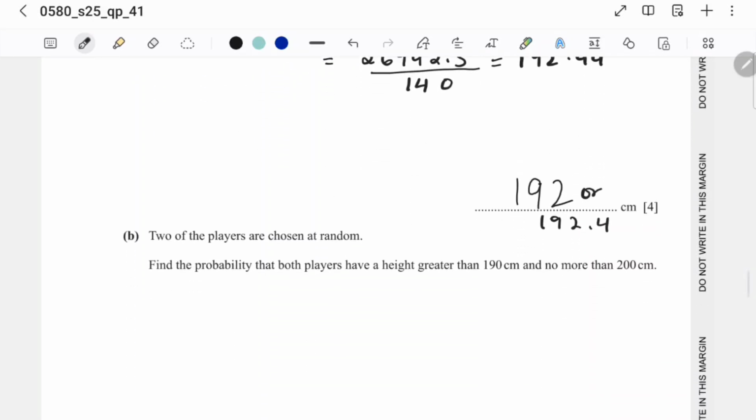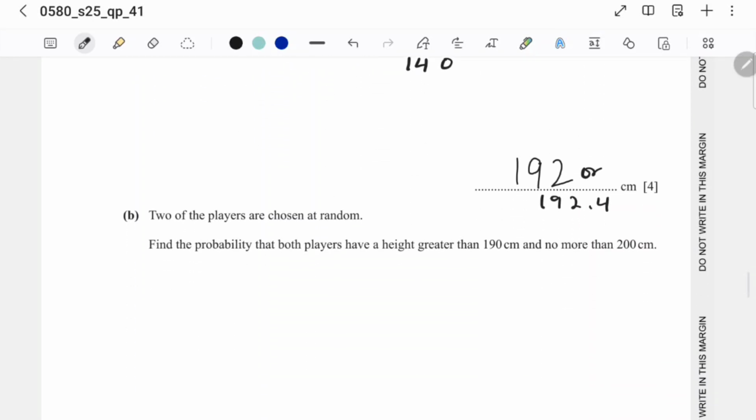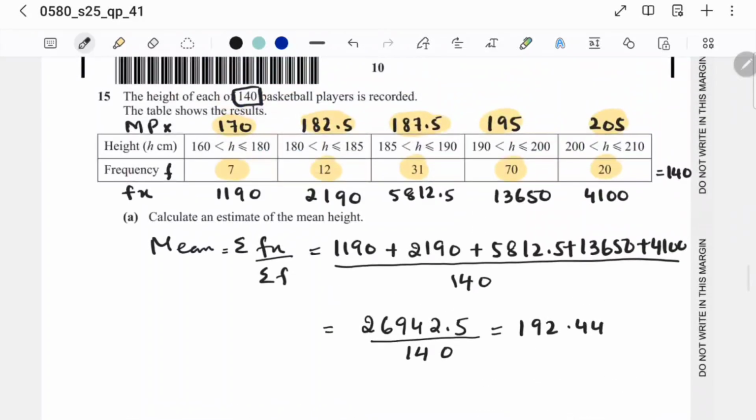Okay, now the question in part B is: two of the players are chosen at random. Find the probability that both players have a height greater than 190 and no more than 200. So this is coming in this range.